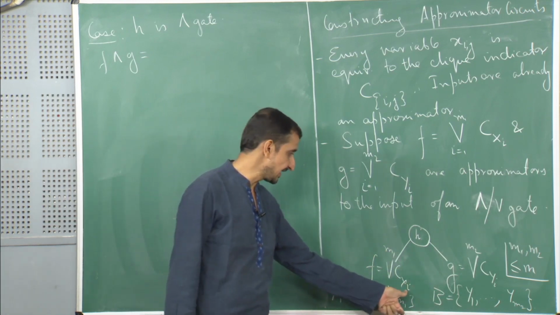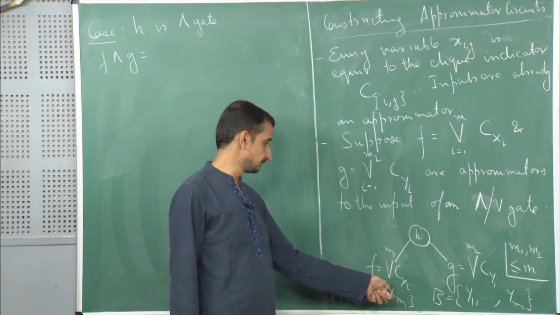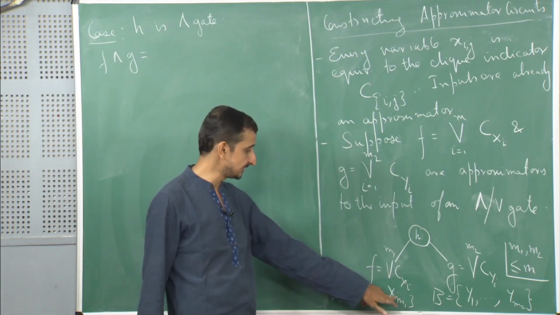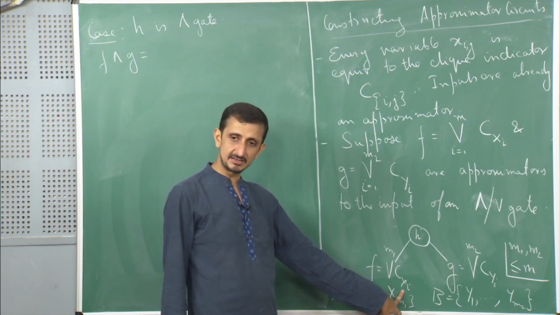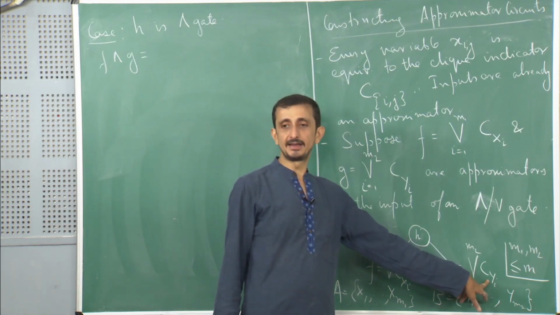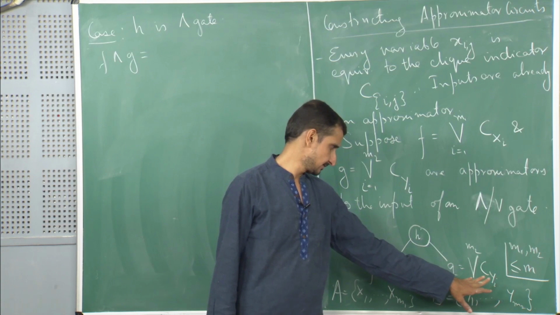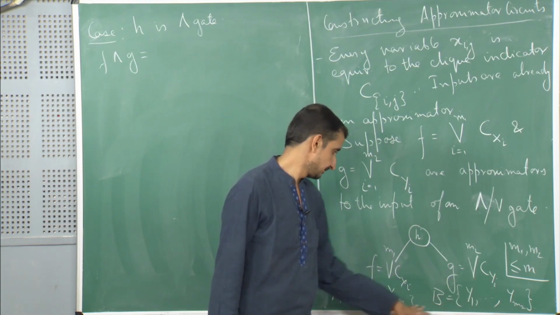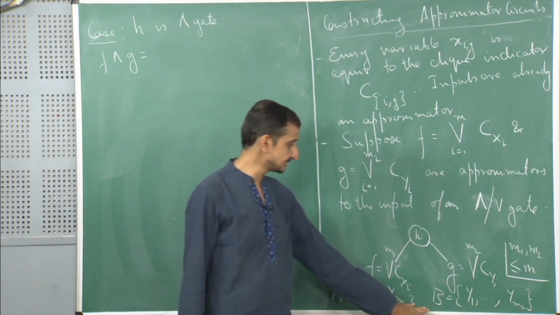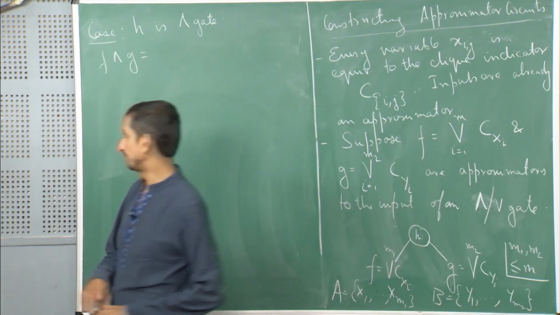Because each is an OR of clique indicators, there is some clique indicator in A that is 1 and some clique indicator in B that is 1, right.